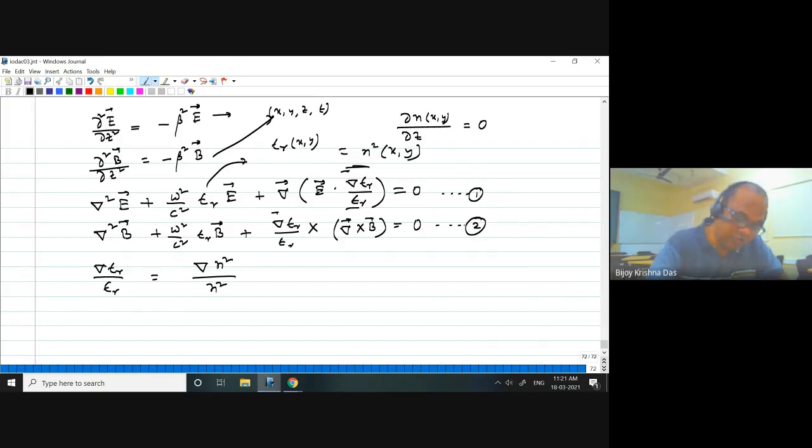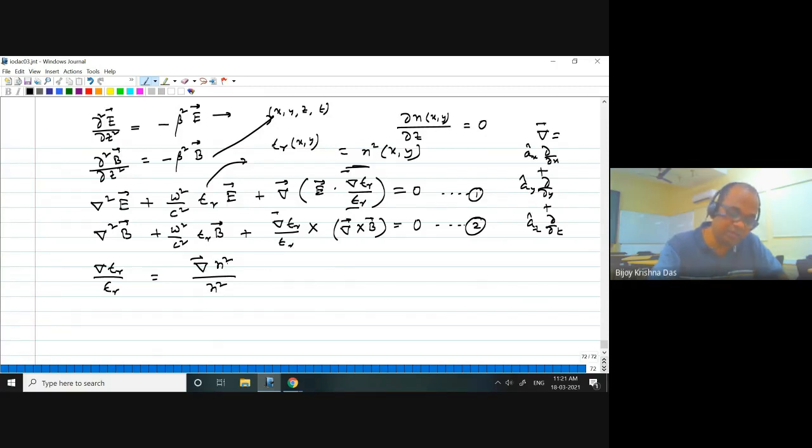So obviously the numerator is a vector, because the del operator is a vector, right? We know the del operator is ax del x plus ay del y plus az del z. So this is a vector, but nevertheless, del means some kind of derivative along the x, y, z directions.